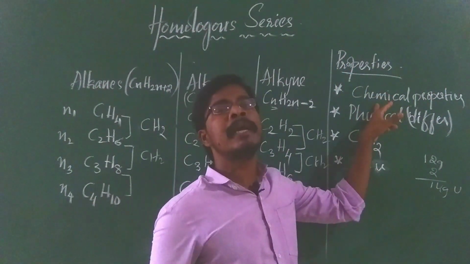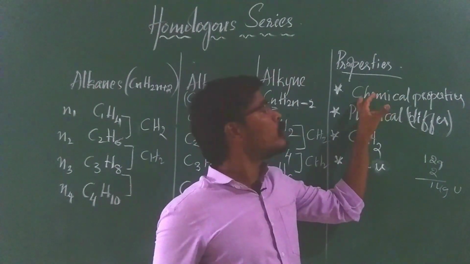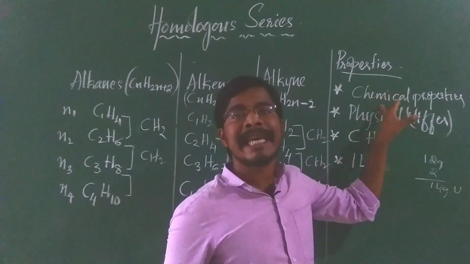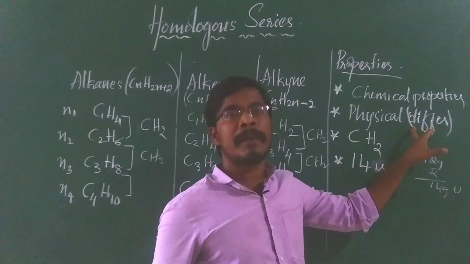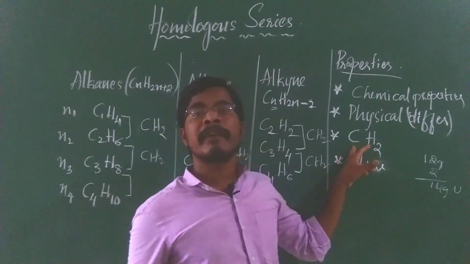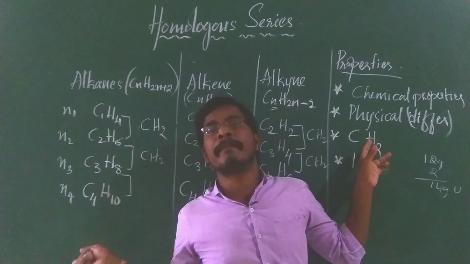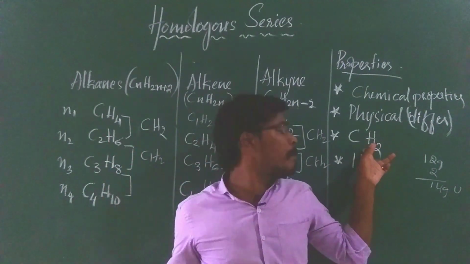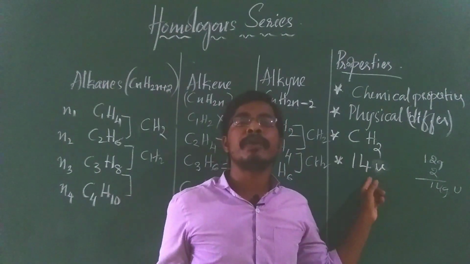The first property: the group of carbon compounds in a homologous series will have the same chemical properties, but different physical properties. They show a difference of one carbon and two hydrogens in their succeeding members. And they also show a difference of 14 unified mass.